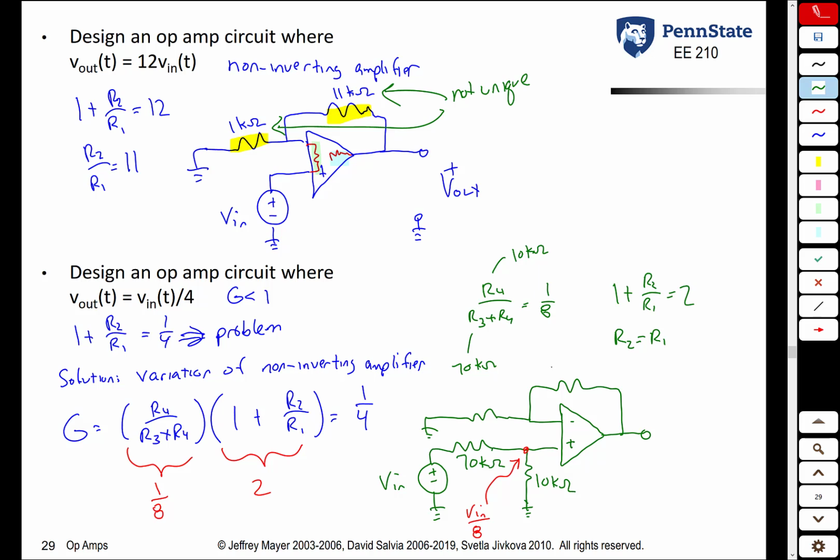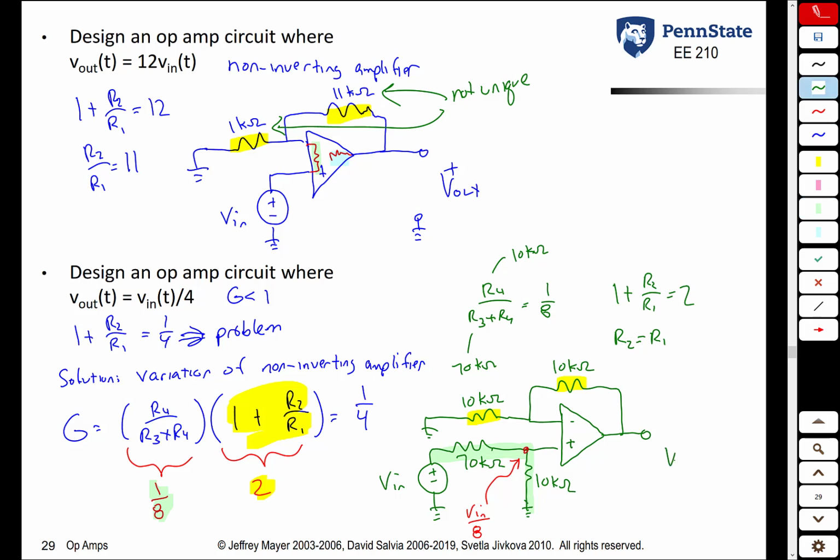Let's set R2 equal to 10 kilo ohms and R1 equal to 10 kilo ohms. Once again, by setting these two resistors the same, we guarantee that the gain of this part of the circuit is 2, and then when you multiply it by this 1/8, which comes from this part of the circuit, we get our overall gain of 1/4.